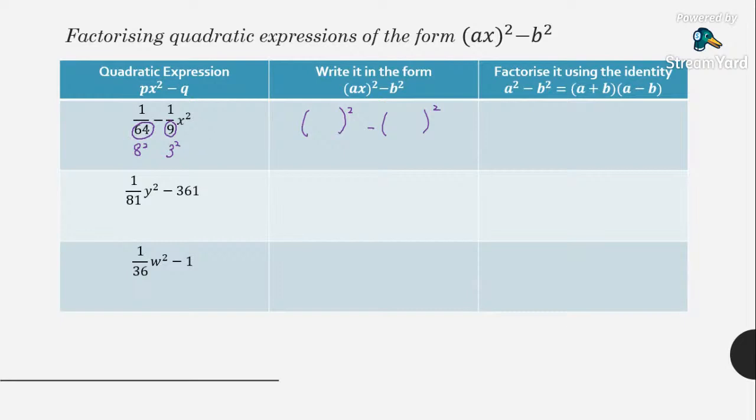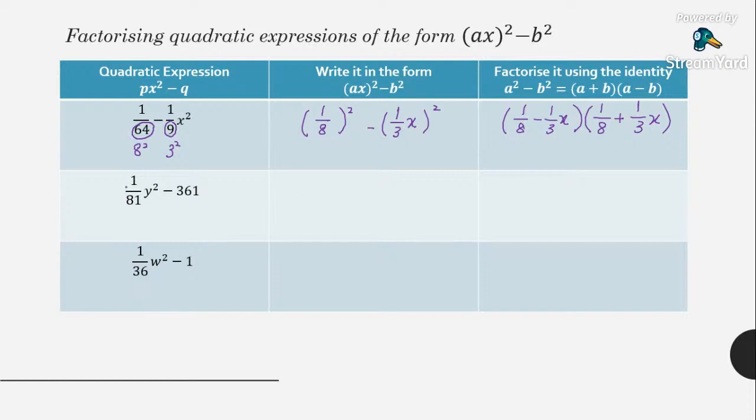So this here will become 1 over 8. Okay, so the 1 here, as I told you earlier, 1 times 1 is 1. So you get 1 over 8 here, and this is 1 over 3x. Therefore, the final answer for this is 1 over 8 minus 1 over 3x, then 1 over 8 plus 1 over 3x.